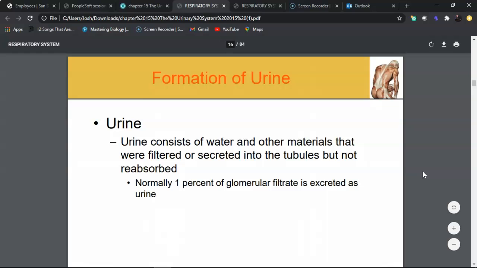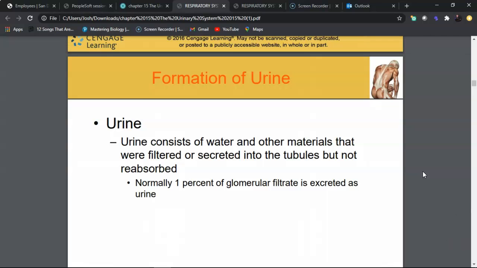Now, when we look at urine, it consists of a number of different solutes, like we talked about, as well as water. What's amazing to imagine is that more than 40 gallons of blood go through the glomerulus. I think the book says 180 liters. But only 1% of that is eventually formed into the glomerular filtrate.